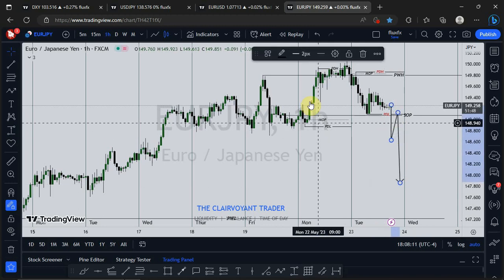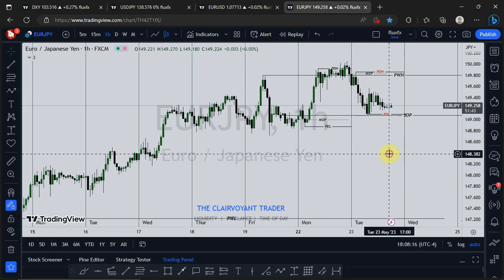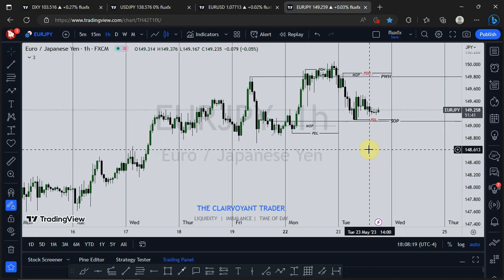We don't have JPY high impact news this week, but we have EUR news on Wednesday, London session. Actually, we also had Euro high impact news on Tuesday.